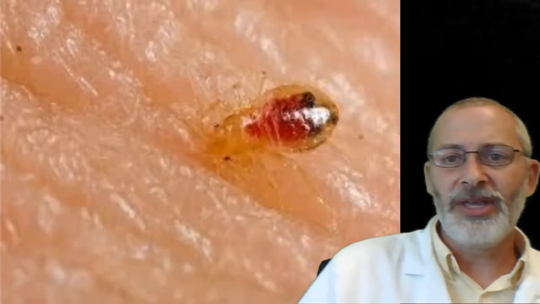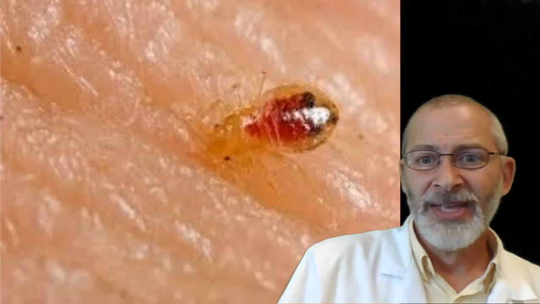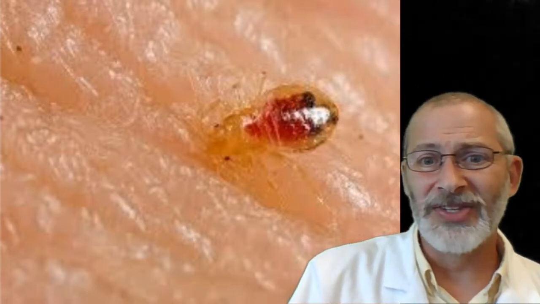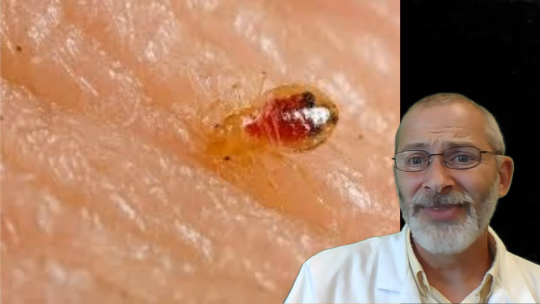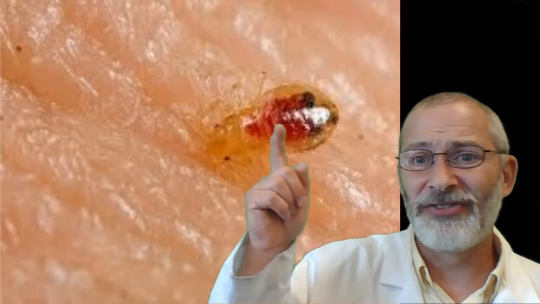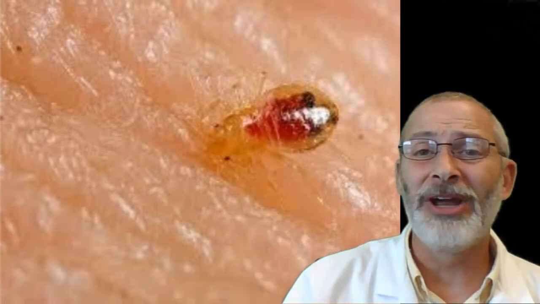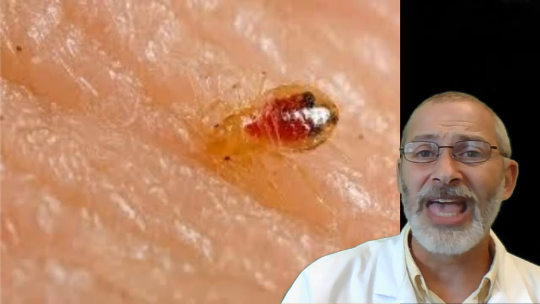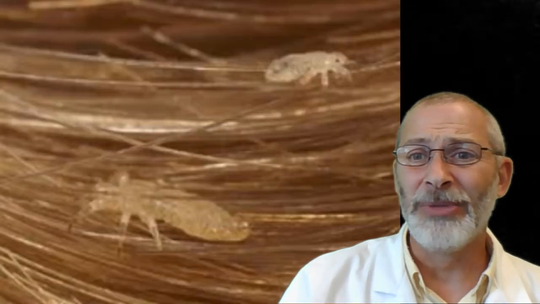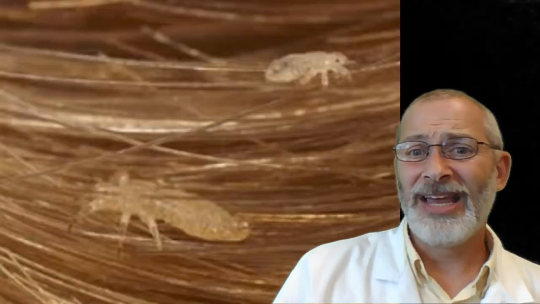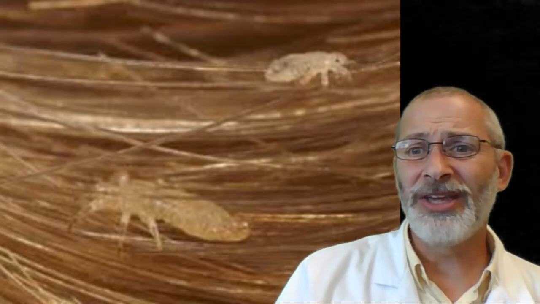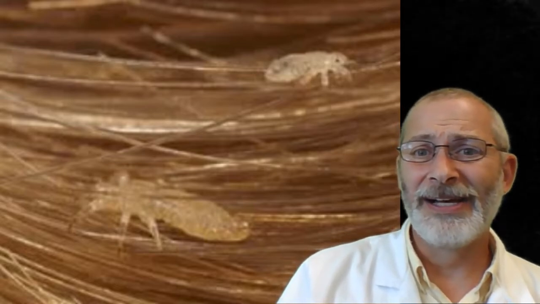Oh, goodness. Here is a louse on someone's skin, and you can see it's filled with blood and getting ready to probably lay its eggs. And here's another image of some head lice looking for the scalp of someone's hair.